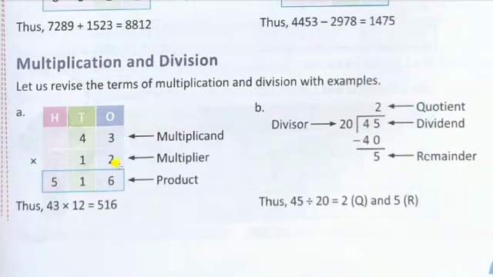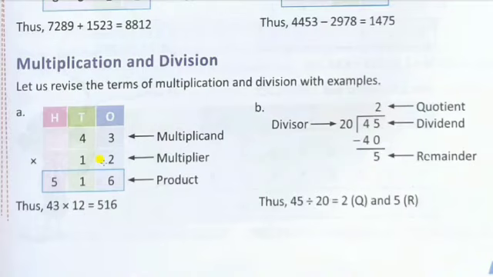So let us see how we can calculate with two numbers. Now 12. Already you are well aware of the table of 12, so here we will directly use the table of 12. 12 threes are 36. So here we will write 6 and 3 will be carried to the next place.